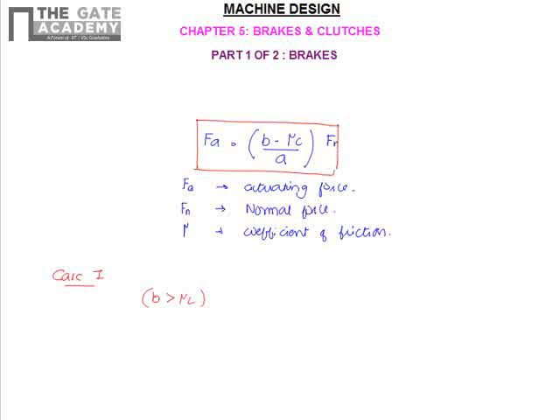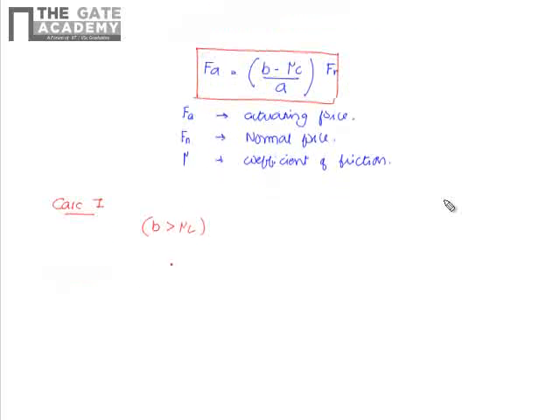If B is greater than mu C, what will be Fa? Fa will be a positive value. A is positive, and what you can get from this equation is Fa equals (B minus mu C) into Fn. So when B becomes greater than mu C, that means frictional force is there, and it is trying to reduce the actuating force.